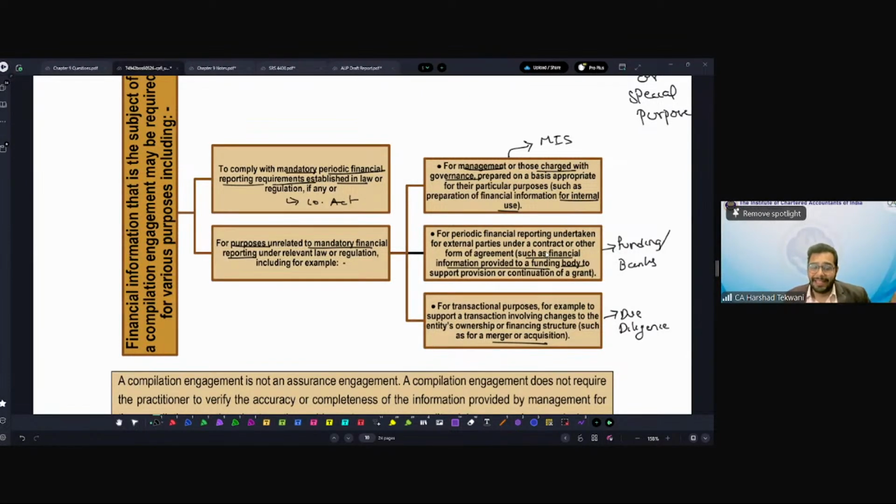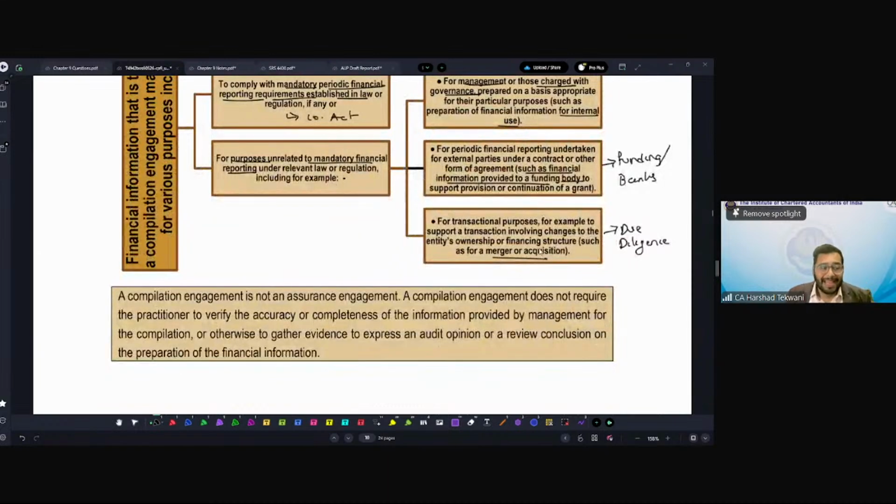in that case, that is an SRS 4410 engagement. As I said, it's not an assurance engagement, not at all. SRS is not at all an assurance engagement. When we are assisting the management, we are not verifying the accuracy and completeness of that information.